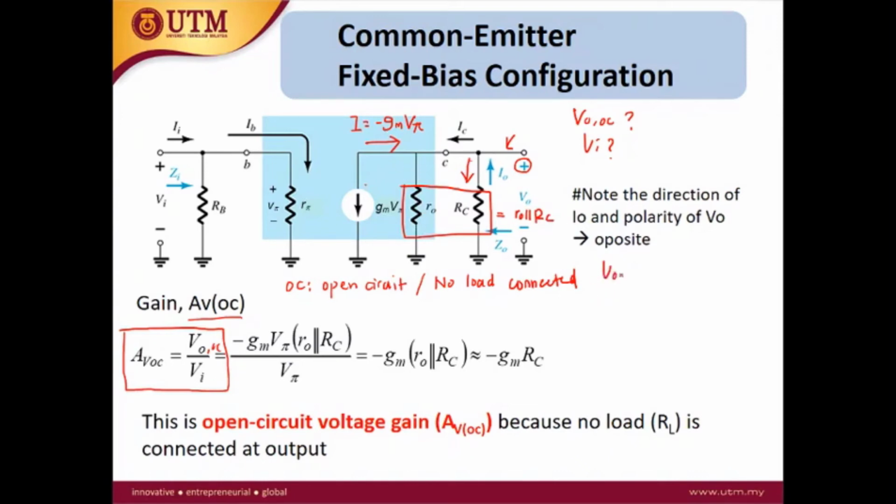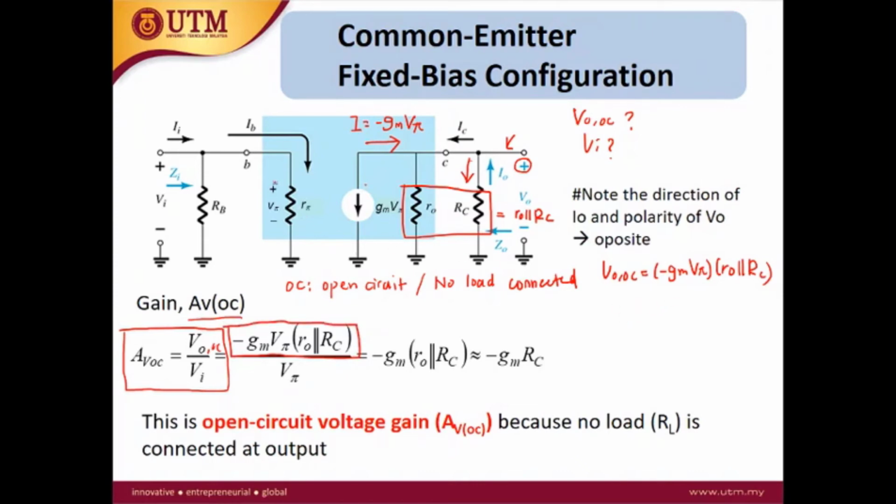So V out OC is equal to minus Gm V pi times R node parallel with RC. Okay, so this is the first equation.